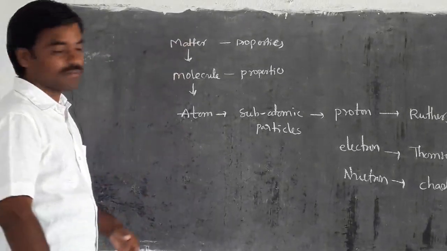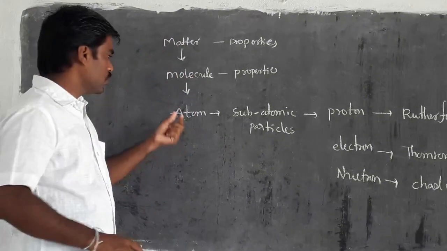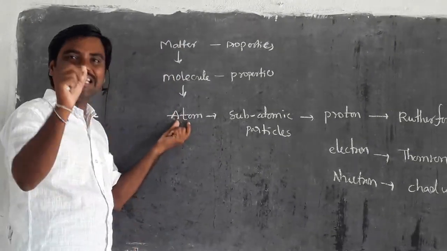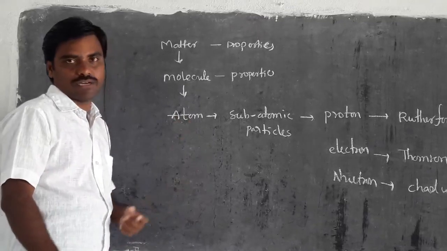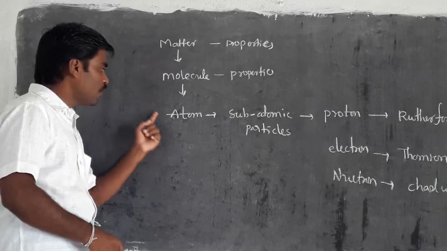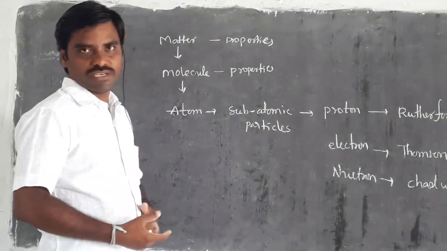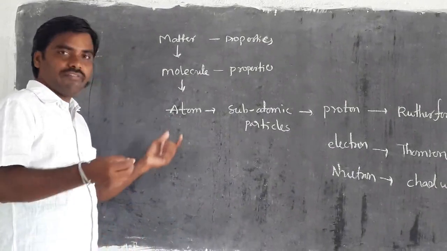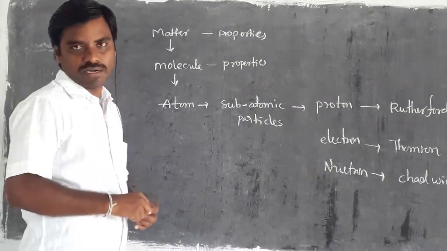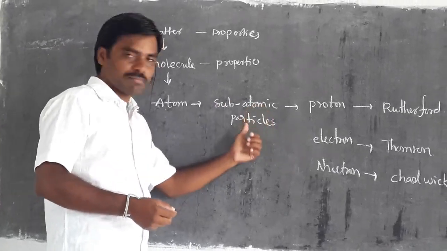That was what we discussed. Then if you cut the molecule, we get a small indivisible particle that we call atom, from Dalton's theory. So in the matter, the smallest particle is the atom. After a few researches, the atom was found to have a few subatomic particles.